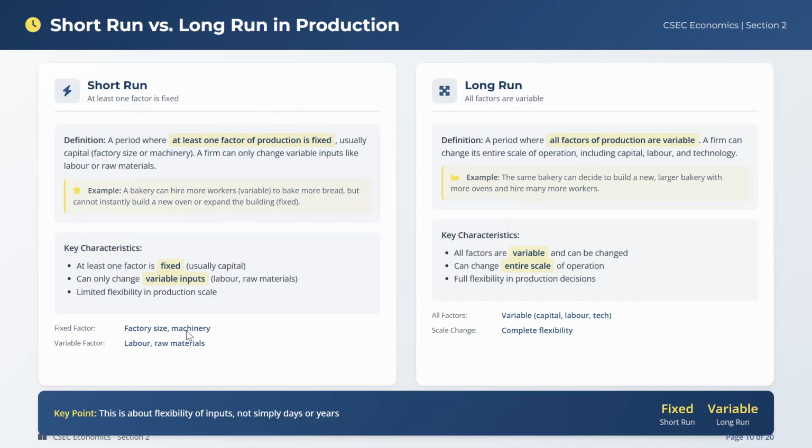In the short run, your labor and your raw materials are usually variable. Your capital is fixed. In the long run, all are variable.